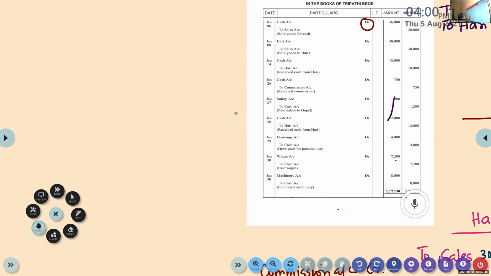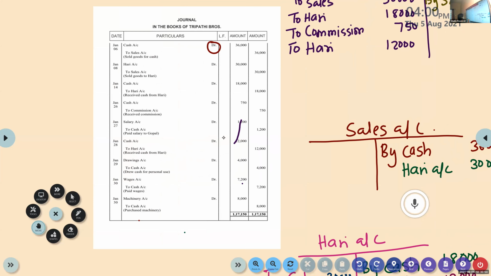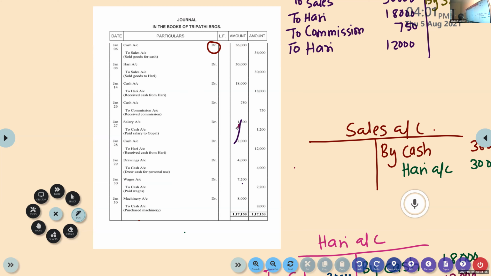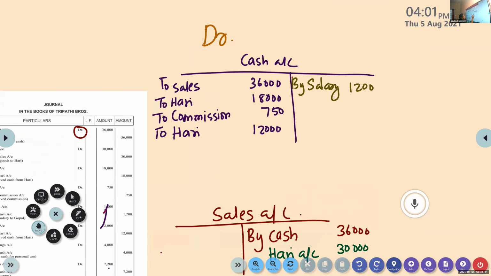Next one is drawings account debtor to cash. So the cash account is credited. That means on the credit side, I will write by drawings. I'm talking about the cash account, okay?